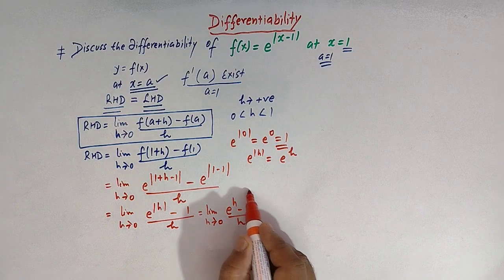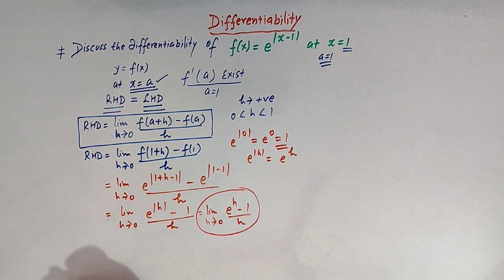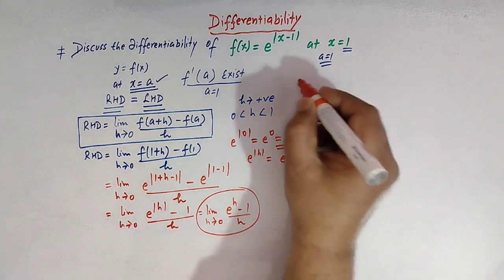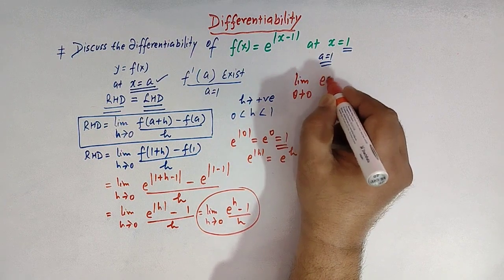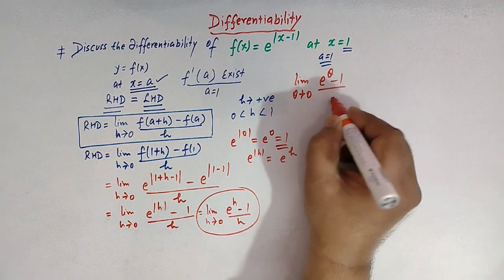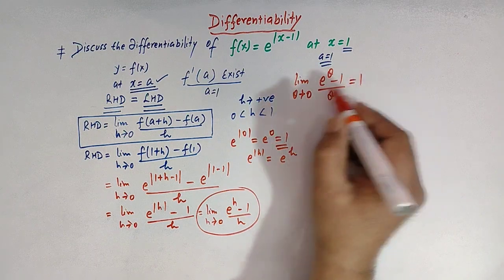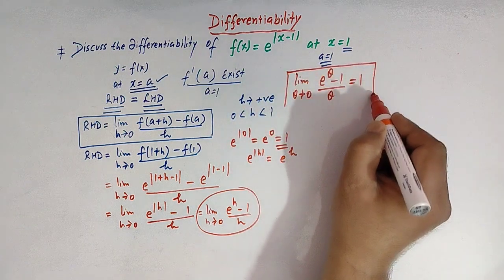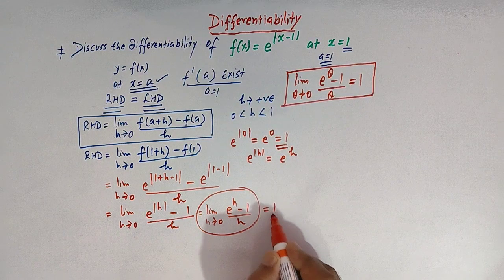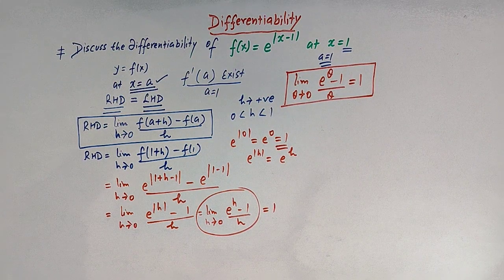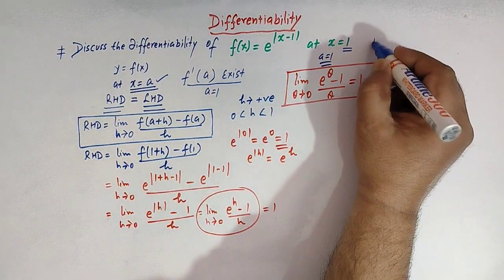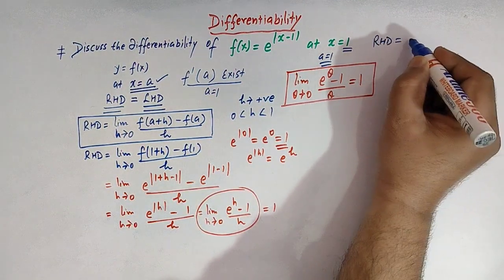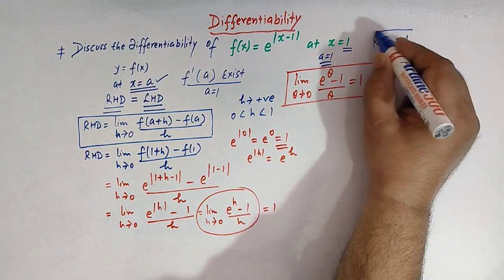And this is a very famous limit: the limit as theta tends to 0 of e raised to theta minus 1 over theta is always equal to 1. So this limit is equal to 1, and we have seen that the right hand derivative is equal to 1.